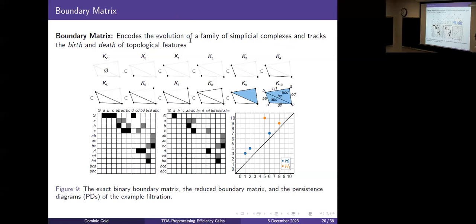And the main sort of trick or tool of the trade that encodes all this information is something known as a boundary matrix. So this boundary matrix is effectively an encoding of that evolution of topological features, but presented in a really, really compact matrix representation that has effectively recorded the entire evolution, right?